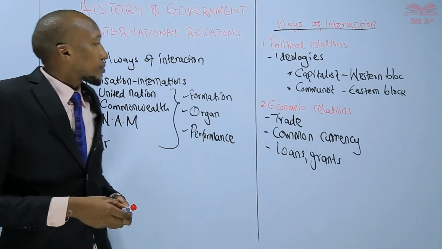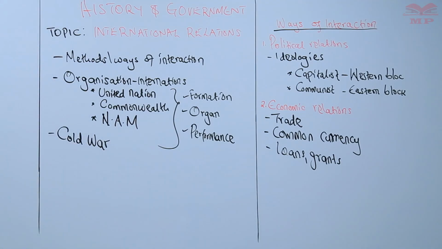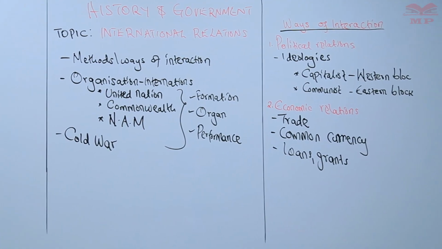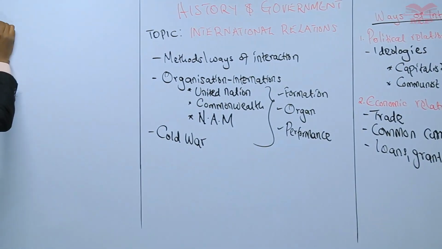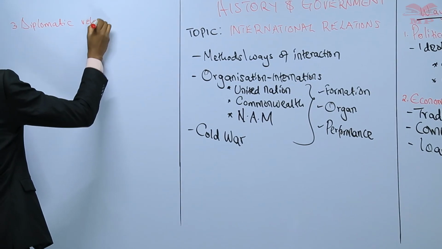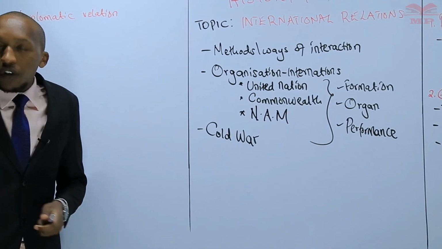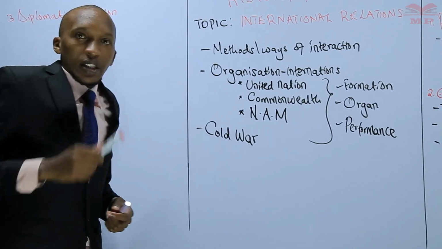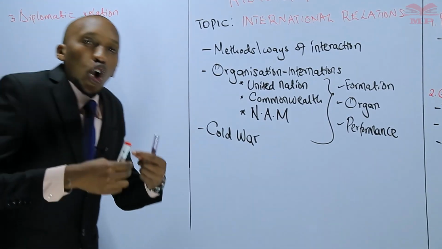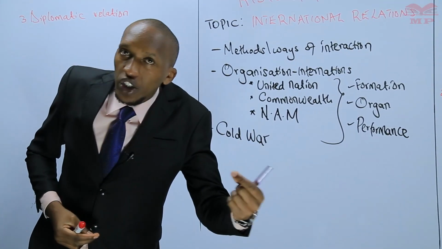Apart from that, there was also diplomatic relations. That is number 3. Diplomatic relations. When you talk of diplomacy, diplomacy means there are cordial, peaceful interactions.